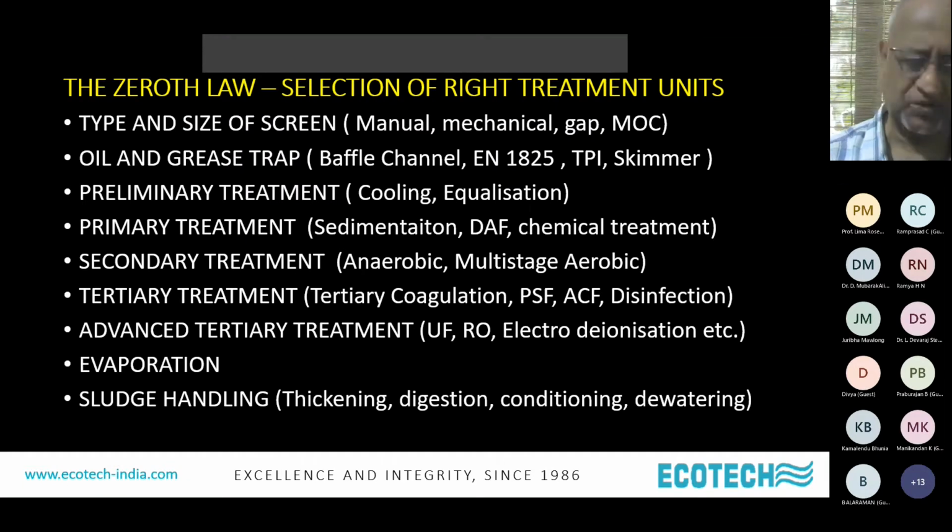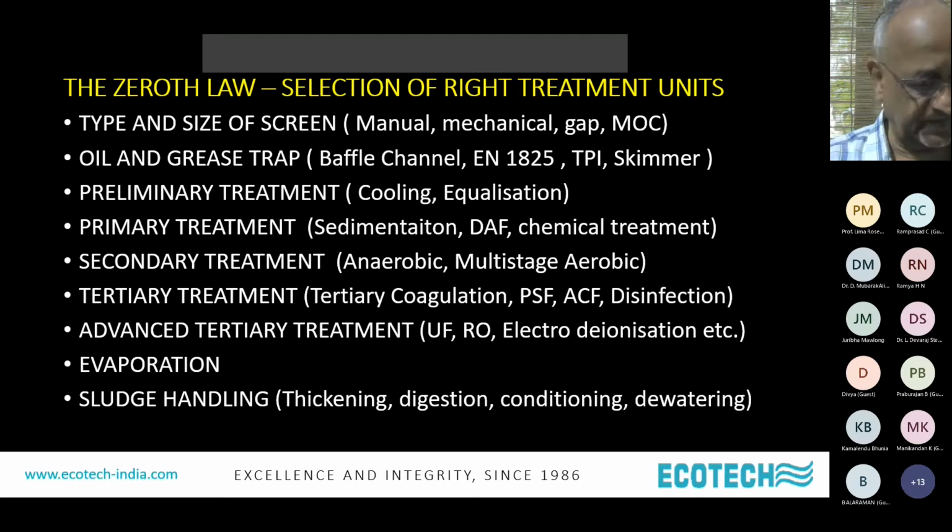The residual contents in the vat is discharged, carrying a little bit of residual dyes, as well as having high temperature. This high temperature, you cannot do anything in the ETP. You may have to go through a cooling tower before it comes into the main ETP. So even cooling is a good treatment unit, which can be used in an industrial effluent treatment plant.